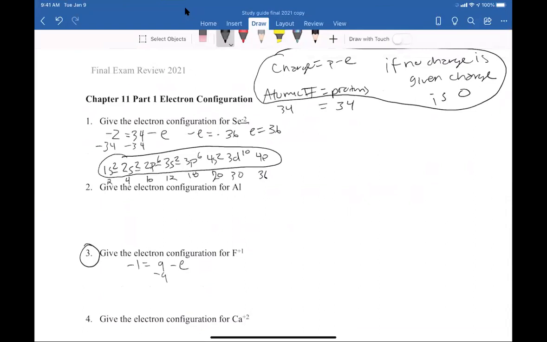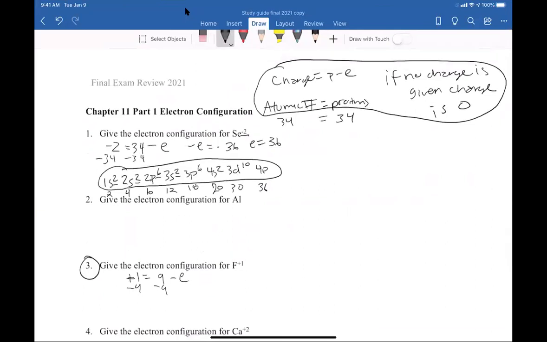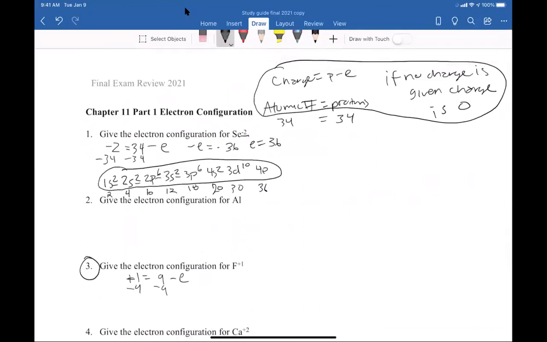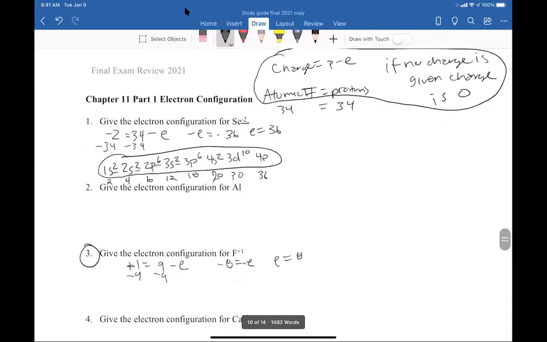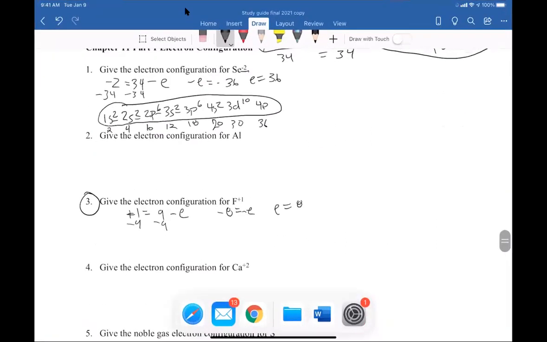So you subtract 9. 1 minus 9 would give us -8. It would give us -8 equals -E, or E equals 8. So again, we use the last sheet.